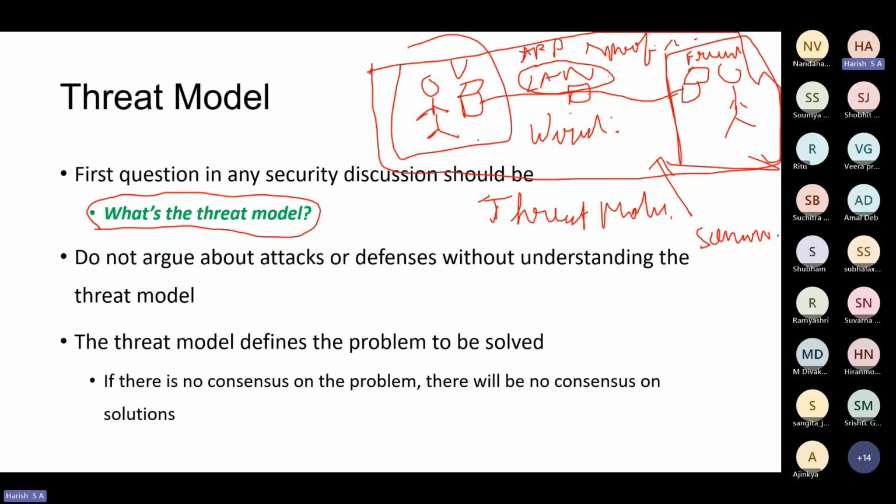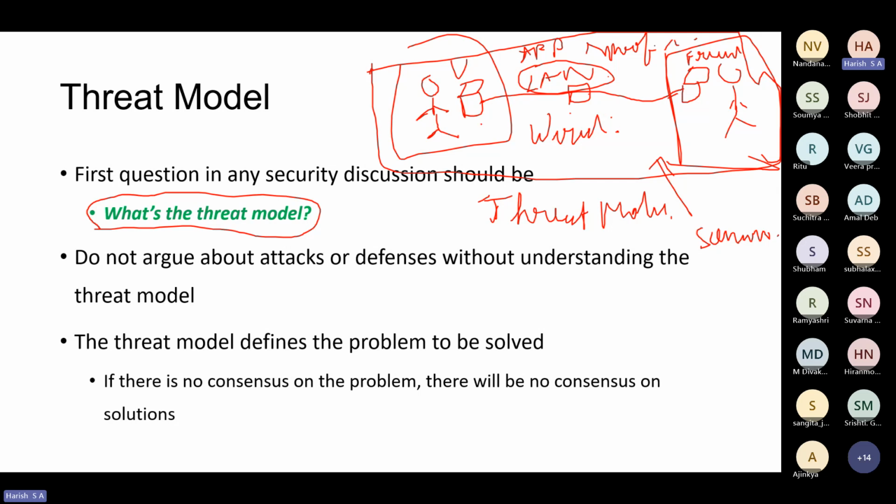Let me just put it like this. Keep the scenario in mind, strike everything I just said. Keep this scenario in mind where you and your friend are connected by a local area network. Now, if you want to analyze the threats in this scenario, what are all the things that could happen?